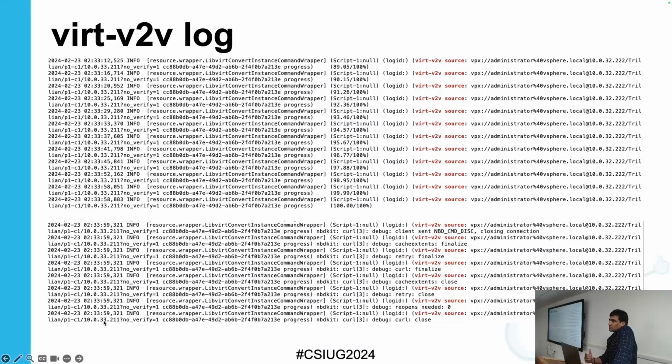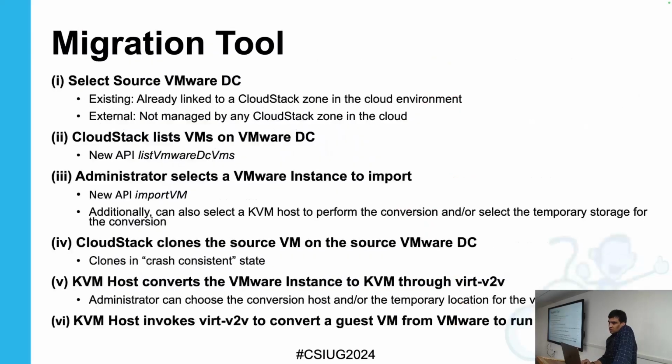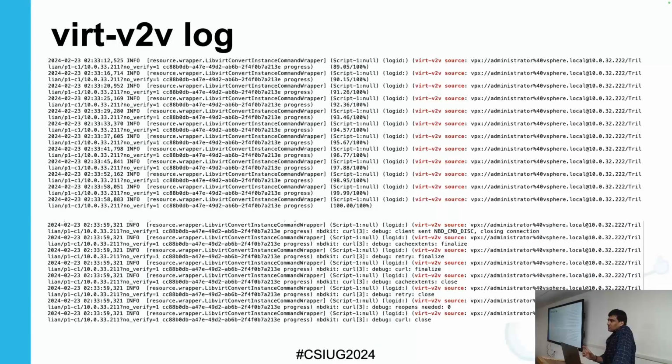This log is for a VM with one disk of 3 GB, which took 30 minutes for the conversion. This is the time which we are focusing on to decrease in the upcoming release, so that the migration will be faster for VMs with larger disk sizes.